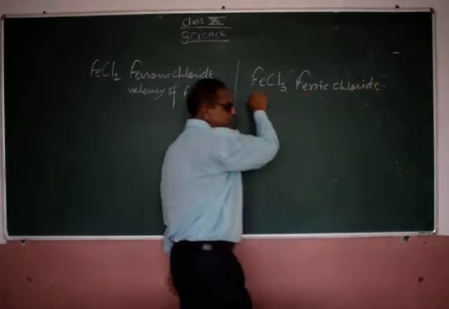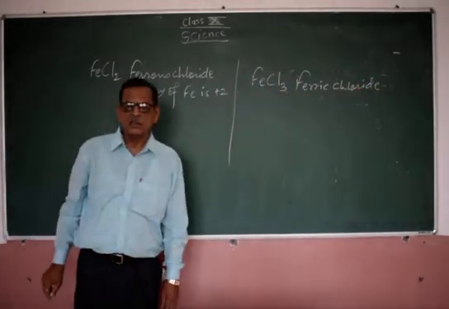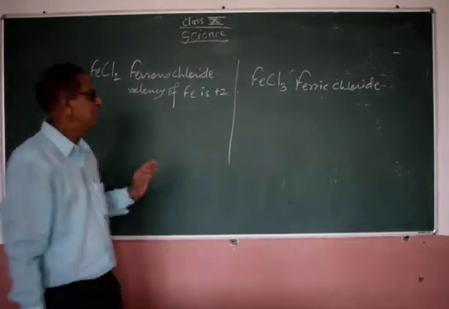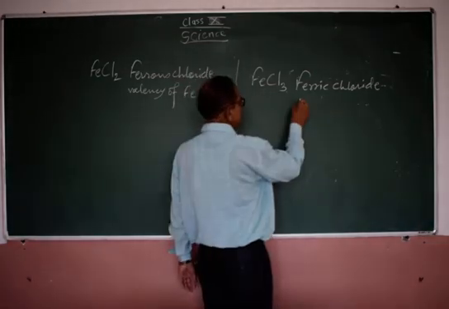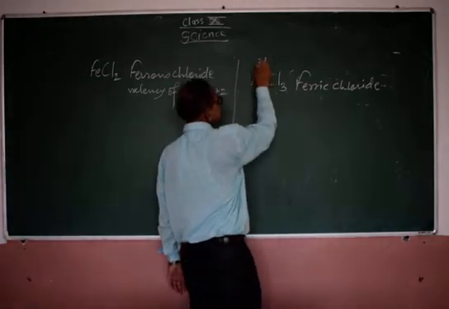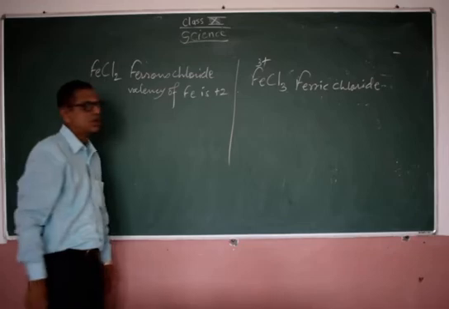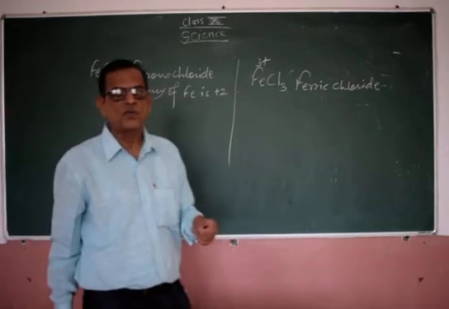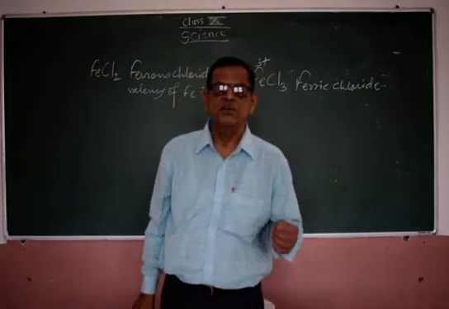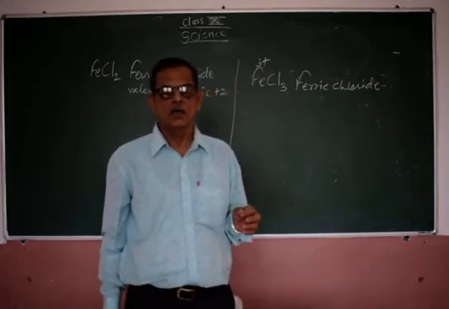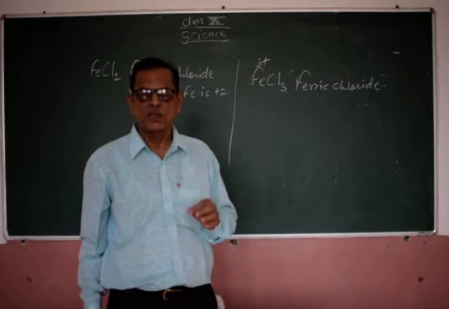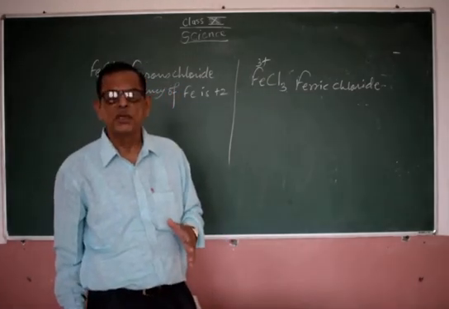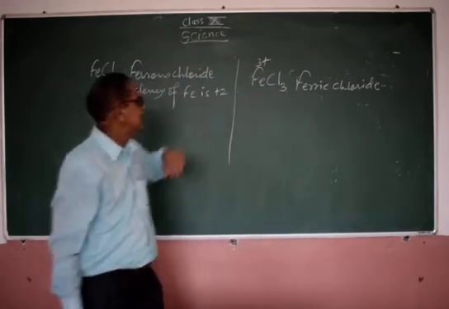As 3 chlorine atoms are combining with 1 iron atom, therefore the valency of Fe is plus 3, because 3 chlorine atoms are combining. And we have said that the number of chlorine atoms or hydrogen atoms that are combining with one atom of the given element, that is the valency.